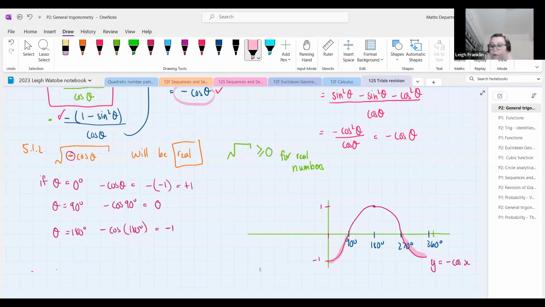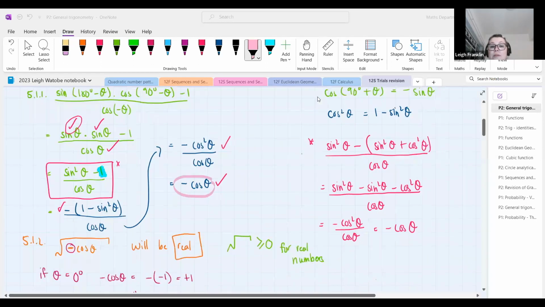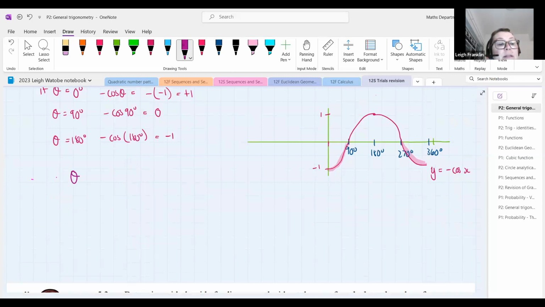So in other words, if we want it to be real, for the values of theta between 0 and 360, and can you see here, they've included 0 and 360 in our answer, theta needs to be greater than or equal to 0 degrees but smaller than or equal to 90, because remember at 90 it was equal to 0, and that's okay.